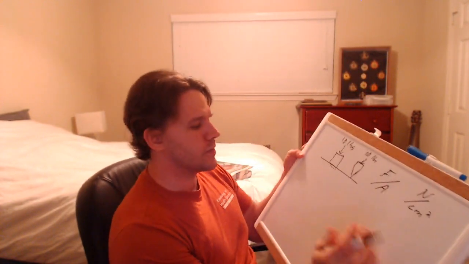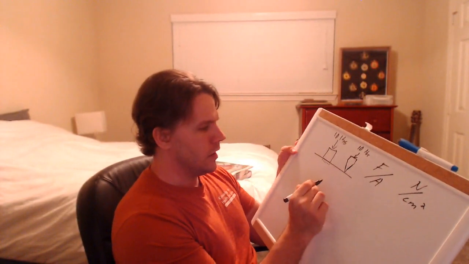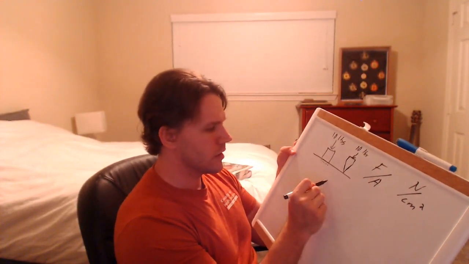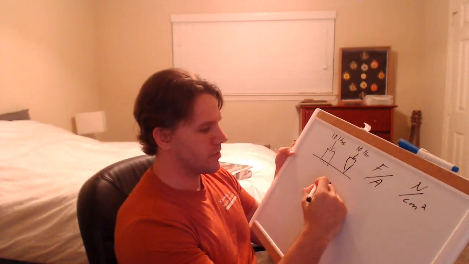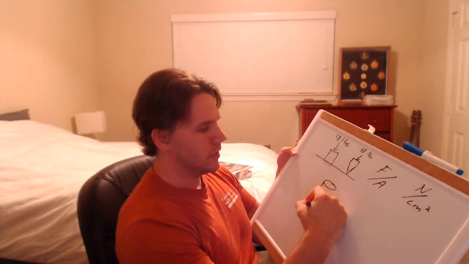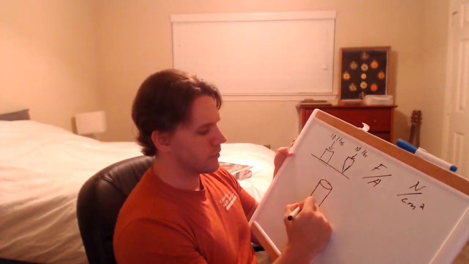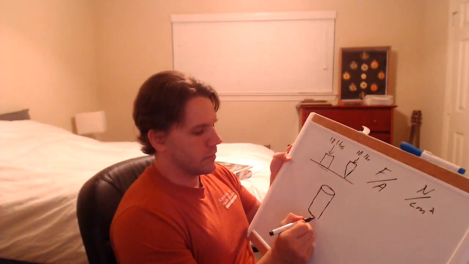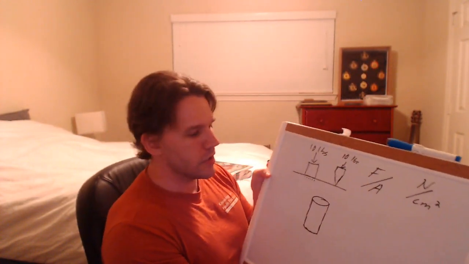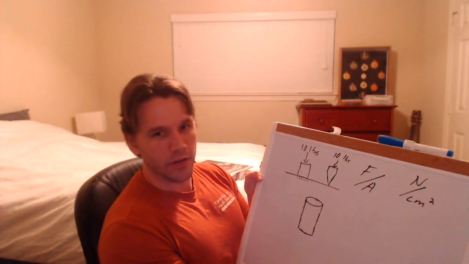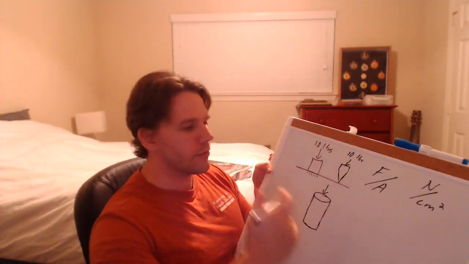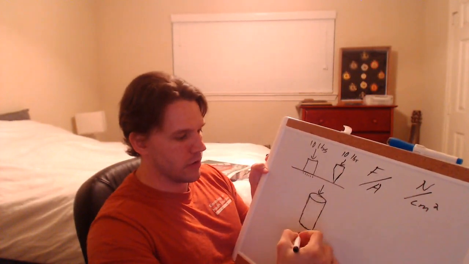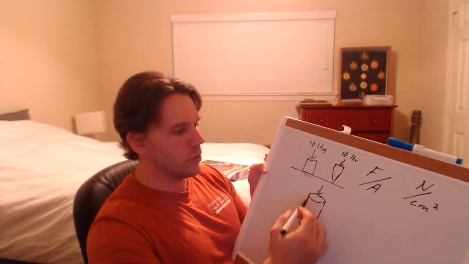So let's see if I can whip something together real quick here. I've got a cylinder of some kind, and try not to botch it too badly. And maybe I'm standing on it, or I have a weight on top of it. Something is pushing down on it here. Well, that force doesn't just magically go from here to here. It doesn't only act on certain parts.